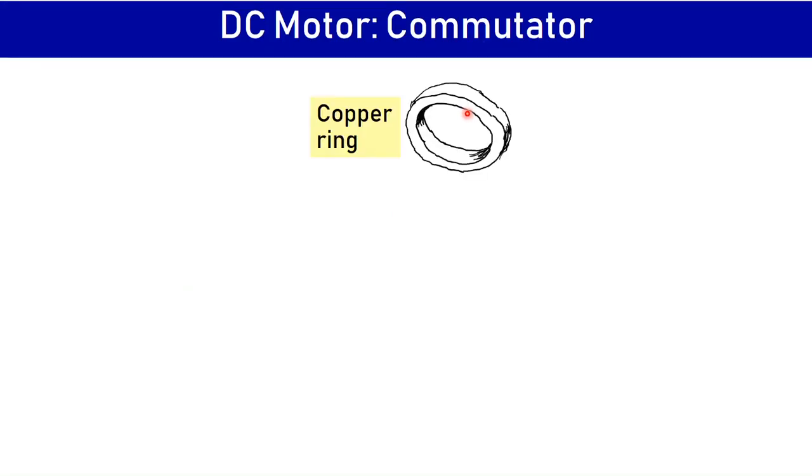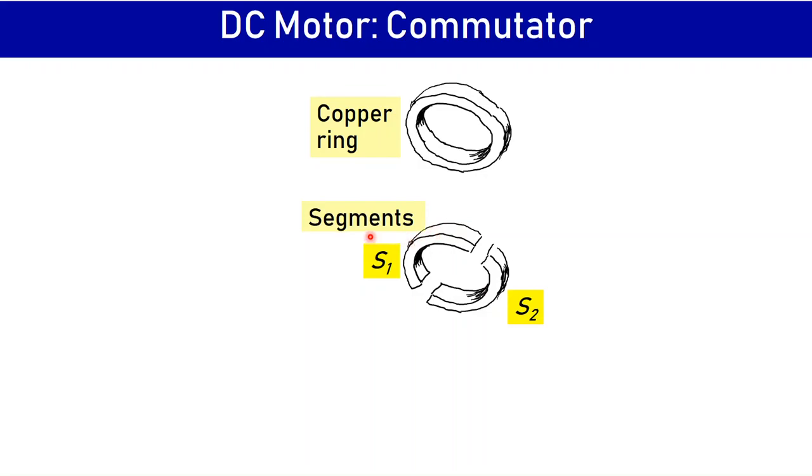It is a very simple mechanical arrangement which I have explained here. What we do is that we take a copper ring and we cut it from the middle. So I get two parts of this ring here which we call as segments.